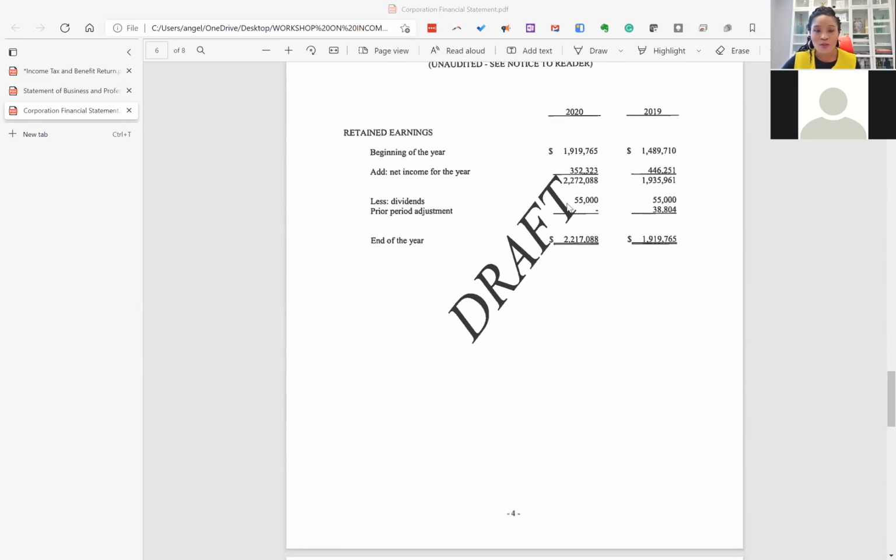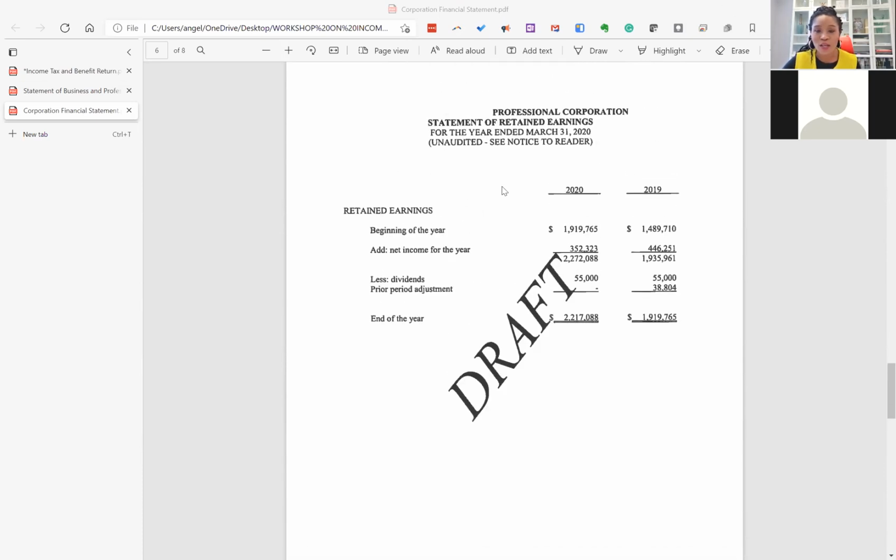And okay, this is an interesting page, for example, because you can see the net income for the year that's been retained, 352,000, and there's less dividends. The dividends are the amount that were paid out. A dividend is money that's paid out to owners of a corporation.